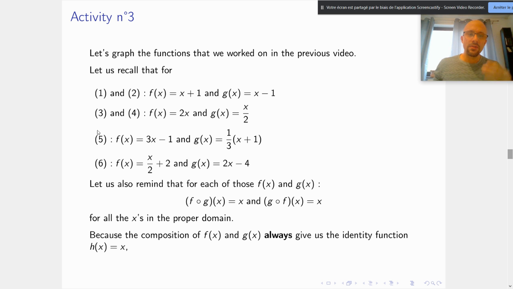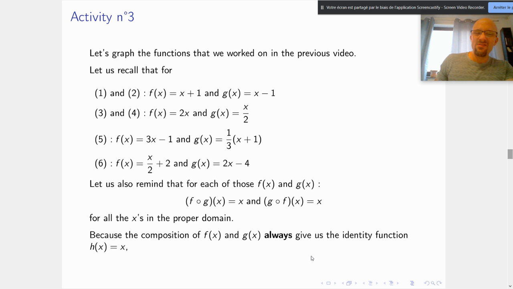So we now draw four different graphs, each time with the graph of f and g, and also the graph of the identity function. You can do this exercise: pause the video and try to find the hidden pattern behind those inverses.